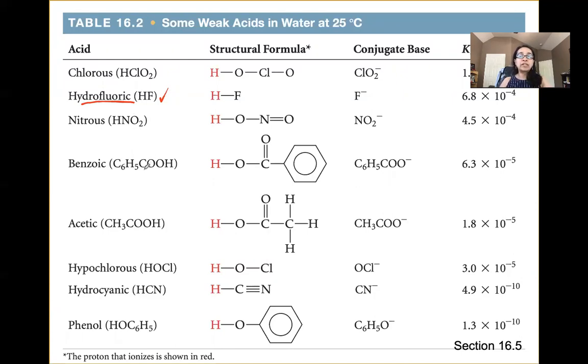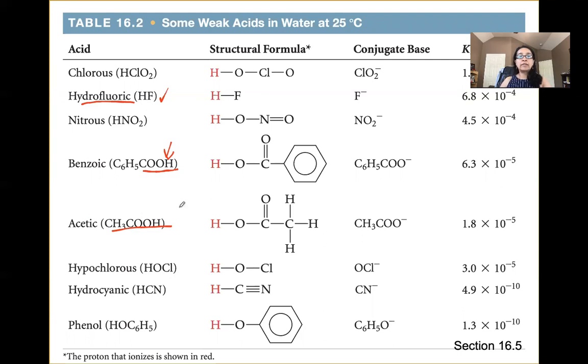Another thing that I wanted to point out is that we talked about organic acids that contain this carboxylic acid functionality, COOH. We had specifically talked about the example of acetic acid or CH3COOH. And I do want you to remember that anytime that you see this designation of COOH, that is indicating a weak acid.